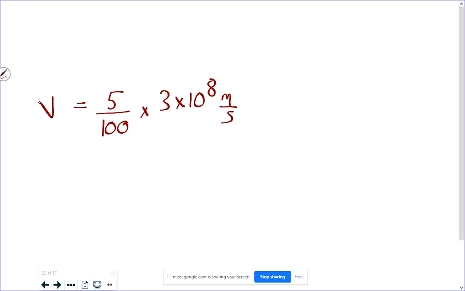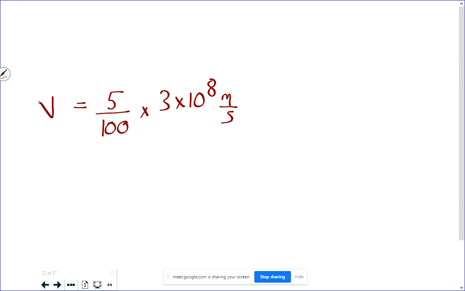So we will become intimately familiar with the speed of light in the next unit. So we multiply that out and you get 1.5 times 10 to the 7. Is it 1.5 times 10 to the 7?